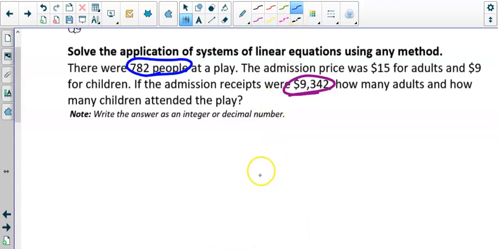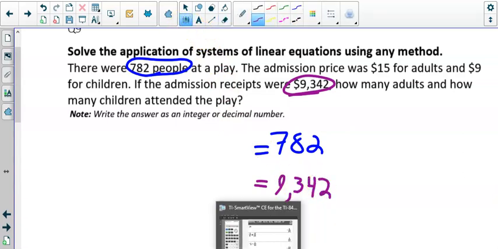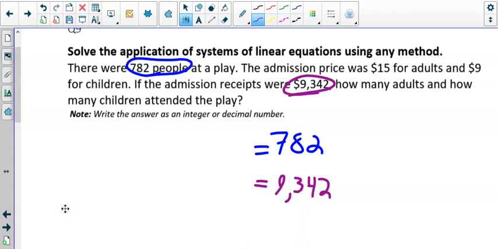So I know for sure I have standard form. Because one of the equations is equal to 782. The other equation is equal to 9,342. Make sense?